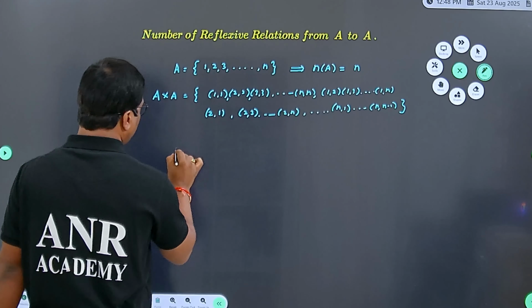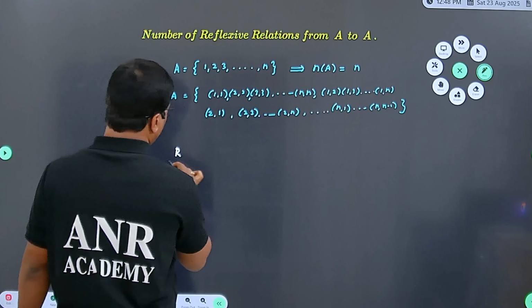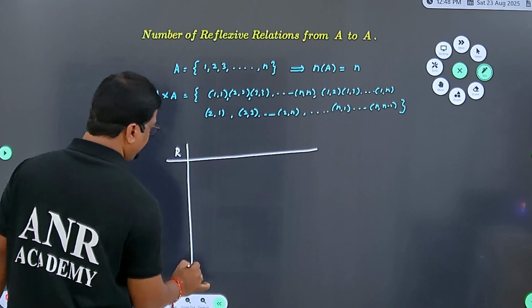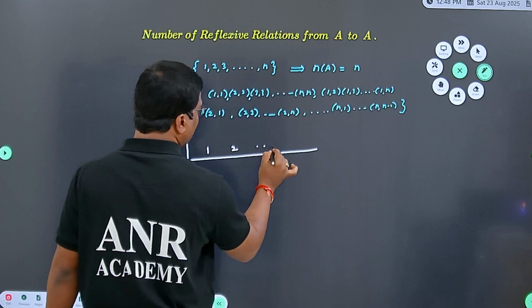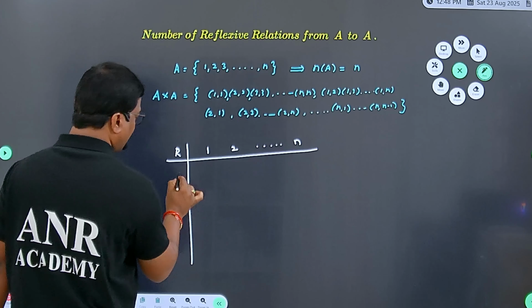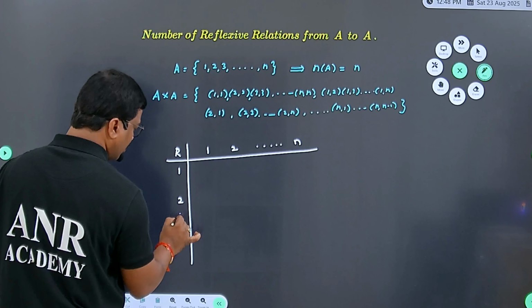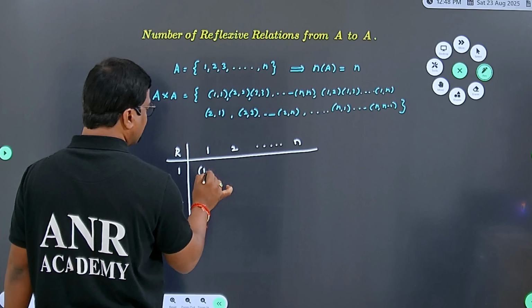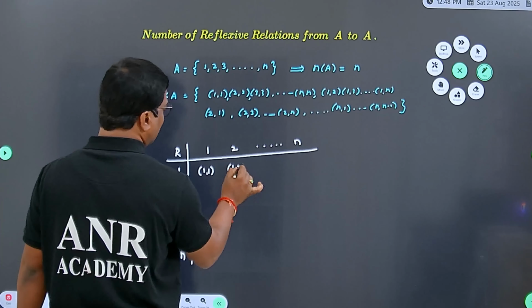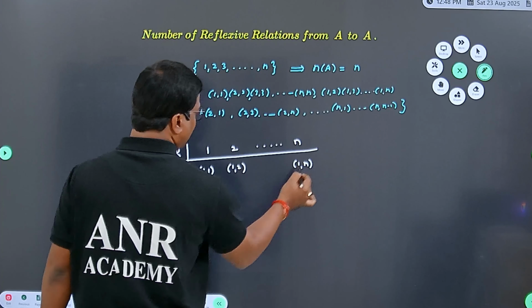Here there is a relation from A to A. Suppose the entries are 1, 2 and so on n, and here also 1, 2 and so on n. Ordered pairs: (1,1), (1,2), (1,n).